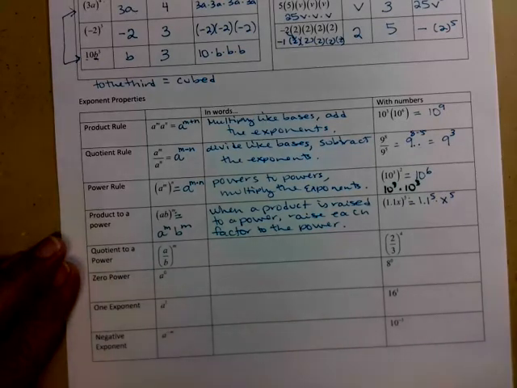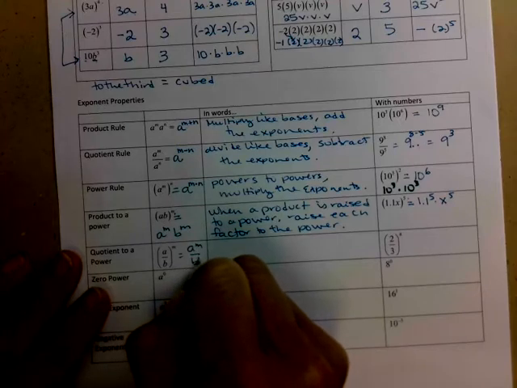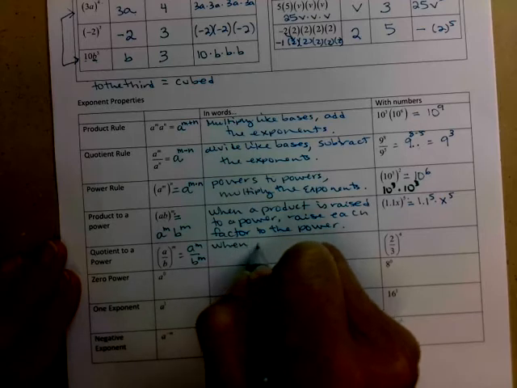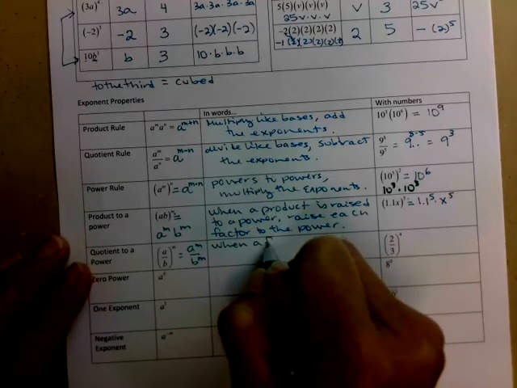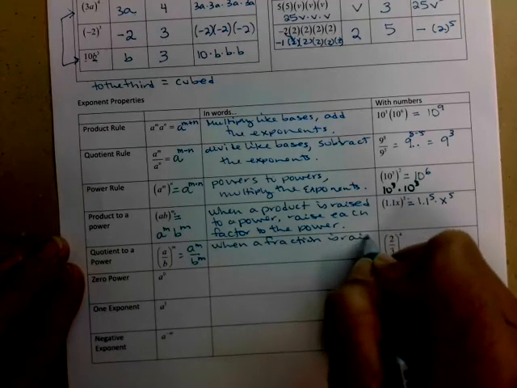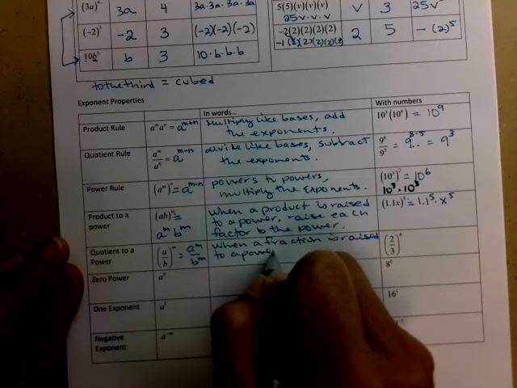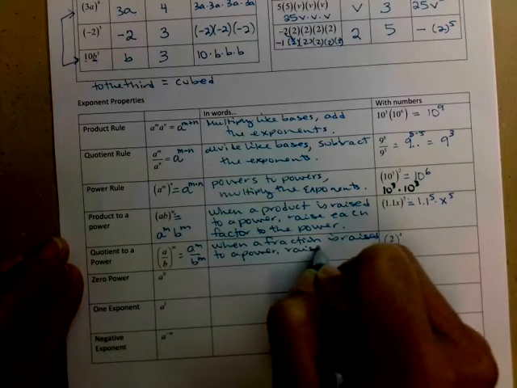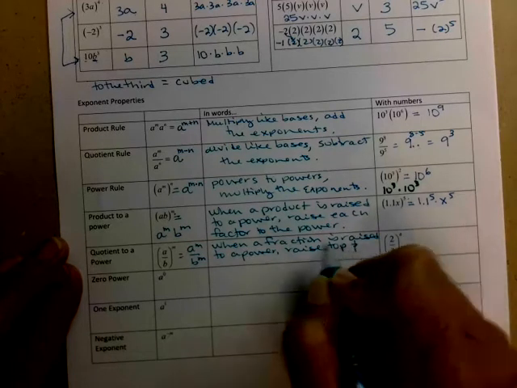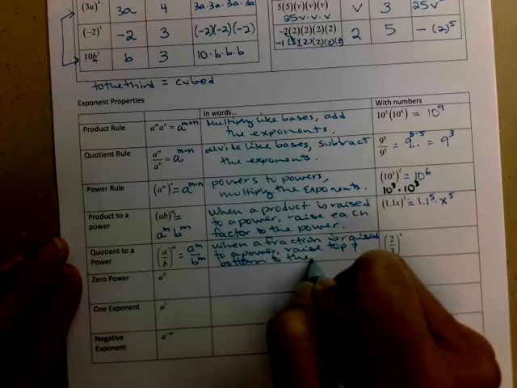Quotient to a power, I know you know what it's going to be. A power for the top and a power for the bottom. When the whole fraction, the quotient, is raised to a power, we raise the numerator, I'm going to say top because I'm not going to have much room, top and bottom to the power.